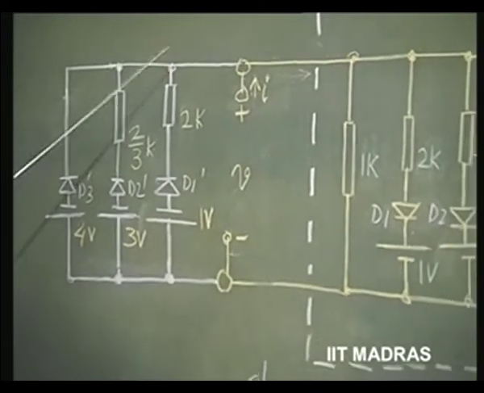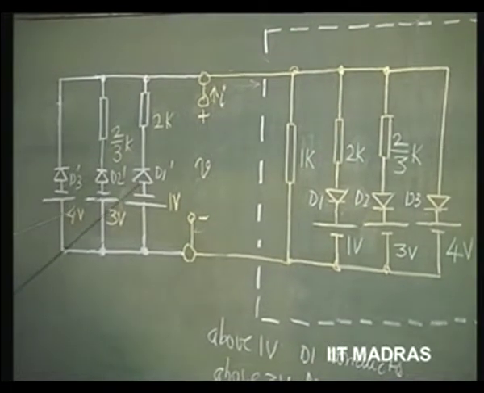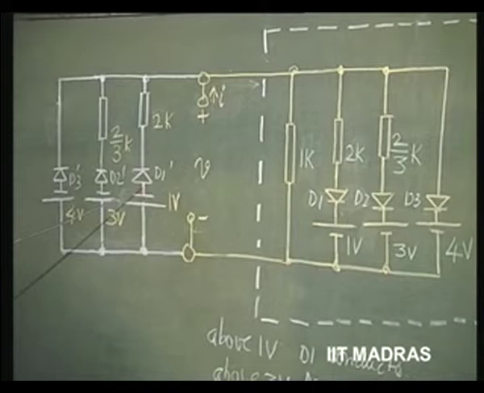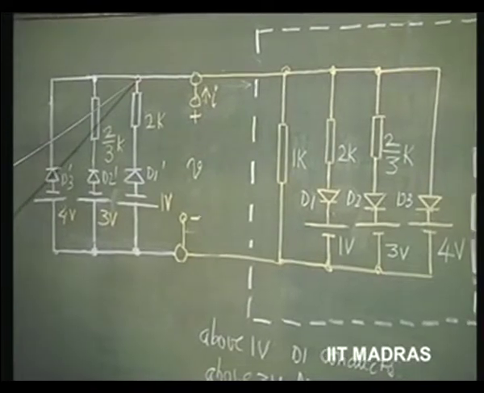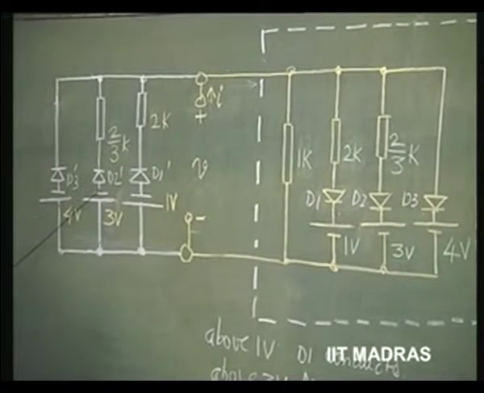So, they start conducting when this voltage is more negative than this. If this is minus 1 volt, when this becomes more negative than this, it starts conducting. If this is minus 3 volts, when this is more negative than minus 3 volts, this starts conducting.